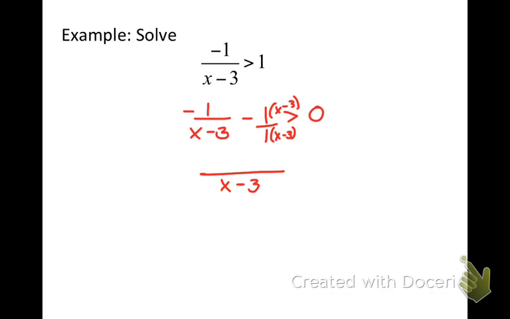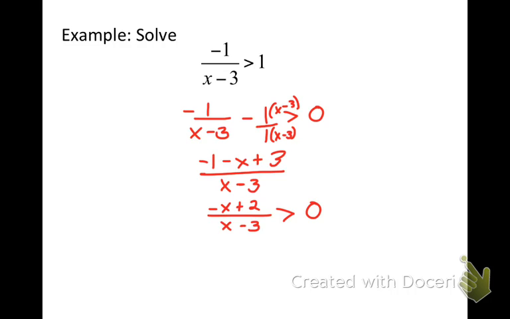This stays a -1, nothing changed there. Here I have a -1 times an x, so negative x, and a -1 times a -3, which is a positive 3. Combining like terms gets me -x plus 2 all over x minus 3 is greater than 0. So all of that to get step 1 done.